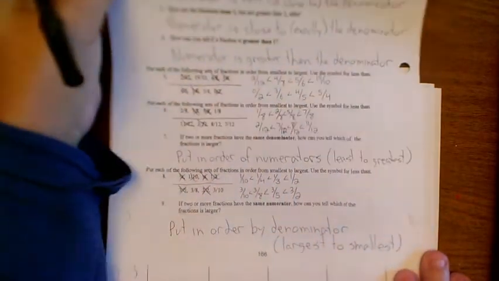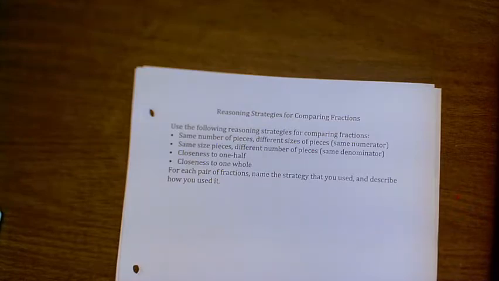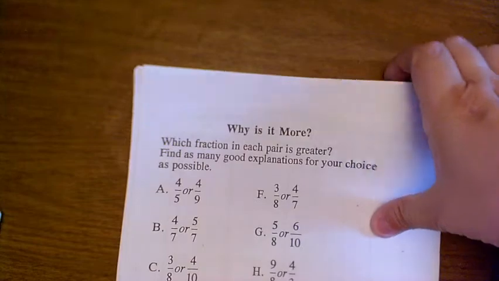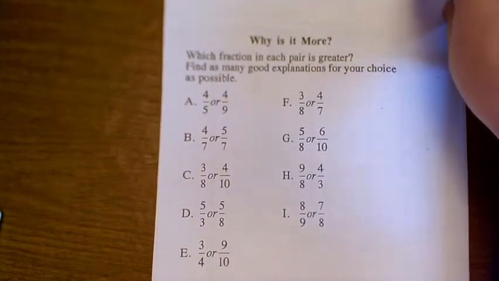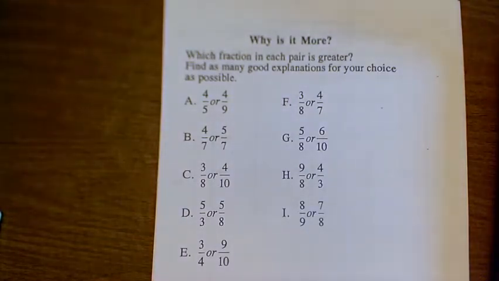All right. Okay, so now let's look at page 168. This is called Why Is It More? Here are some examples of fractions, comparing fractions. Again, I want you to take a minute and see if you can figure out which fraction is the largest. It says which fraction in each pair is the greatest.